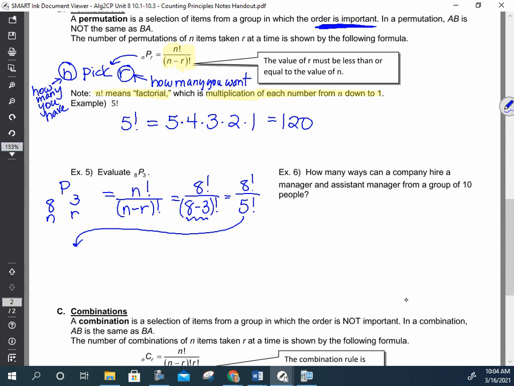Those of you with the calculator, I'll show you the short way in a second. So 8 factorial divided by 5 factorial. 8 factorial is 8 times 7 times 6 times 5 times 4 times 3 times 2 times 1. 5 factorial is 5 times 4 times 3 times 2 times 1.